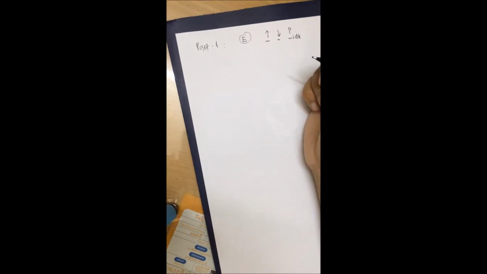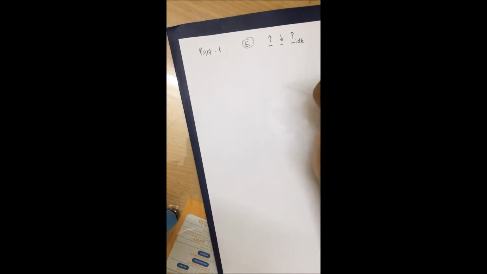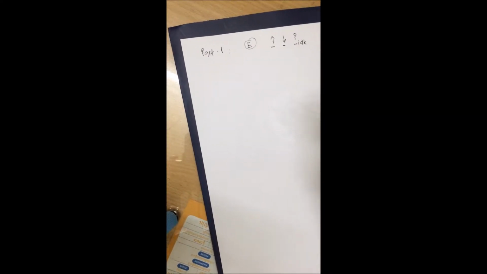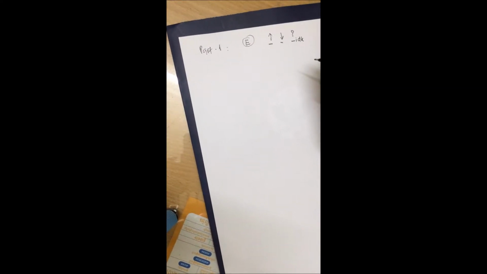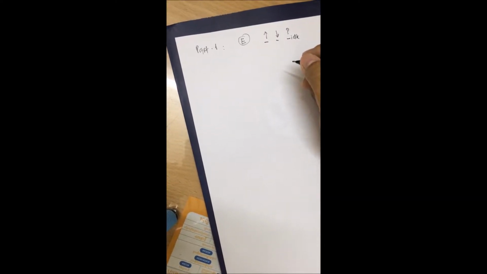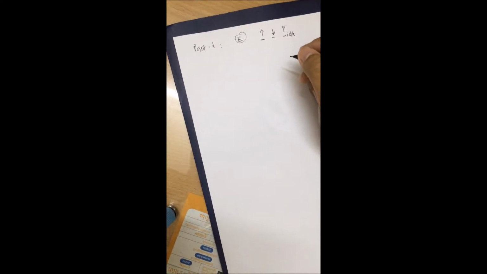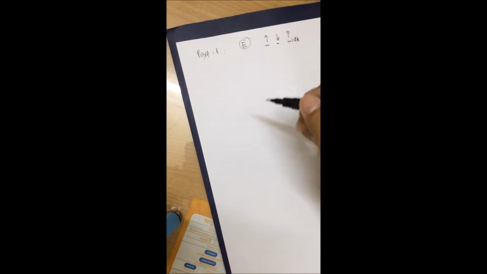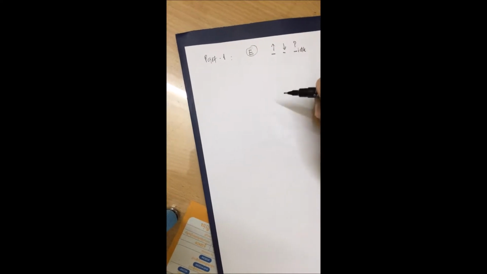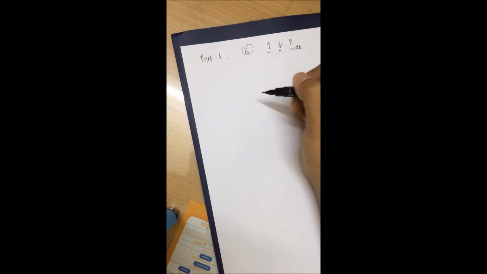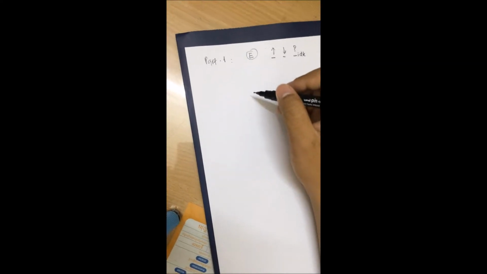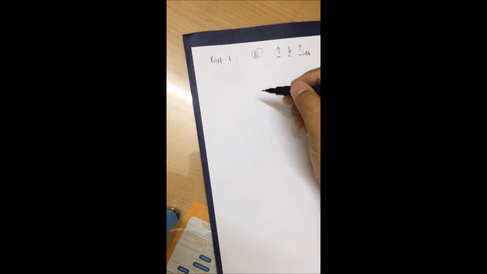However, we need to know which one moves and what happens to the E. In the first part of part one, we see the first question: the demand increases. So you don't need to do anything.